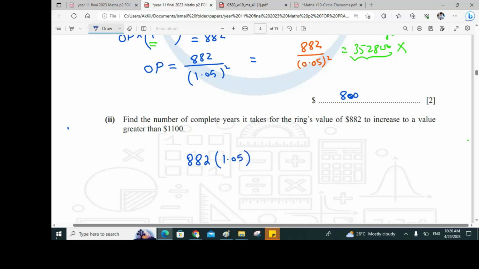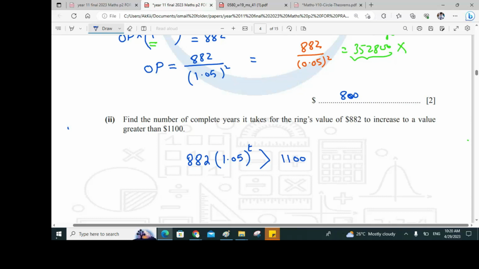Okay, and the number of years are not known, so let me take the number of years as t. Okay, and that will be equivalent or not equivalent, it should be greater than, so I'll put a greater than sign over here. It will be 1100, right? So I have to find out the value of t.